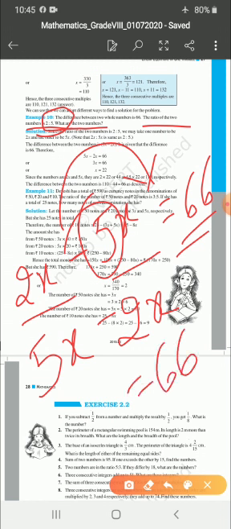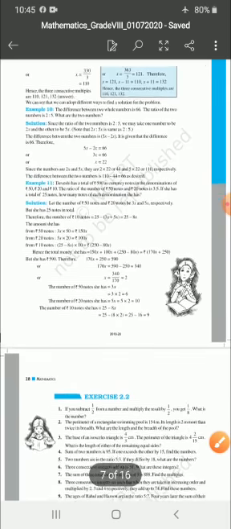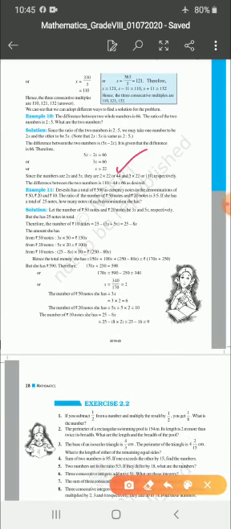Now when I solved it, 3x is equal to 66, I am going to get 3 twenty-twos are 66. So the x value will be 22 here. Now if I want to find the numbers, just substitute this x value in 2x and 5x. So you will get 2 into 22 and 5 into 22.